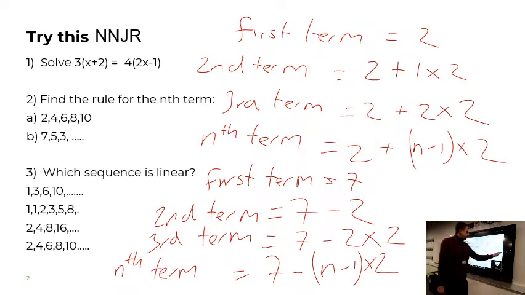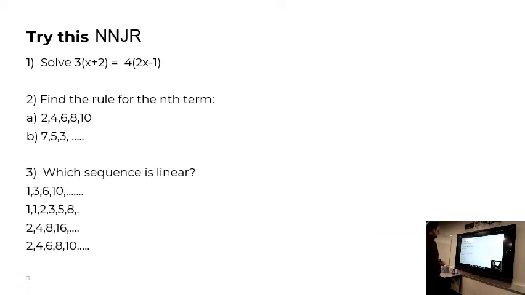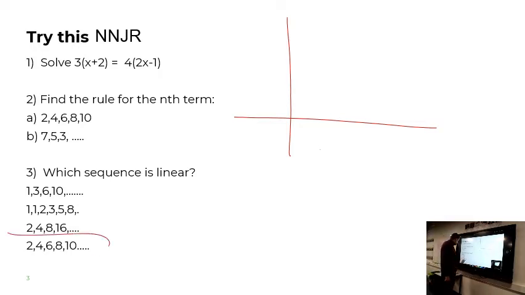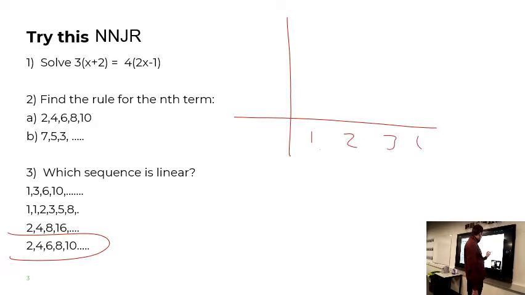Okay, it's part 3. Which sequences are linear? You can plot the points, and it will make a straight line. So the only sequence which is linear is the last one. We can show this. Here we have first term, second term, third term, fourth term.